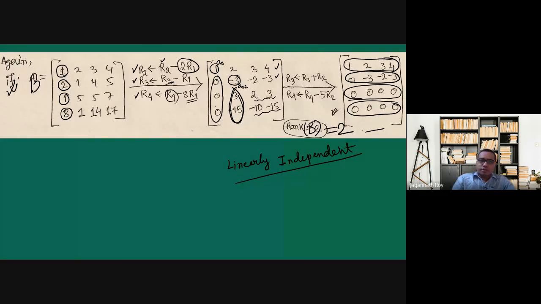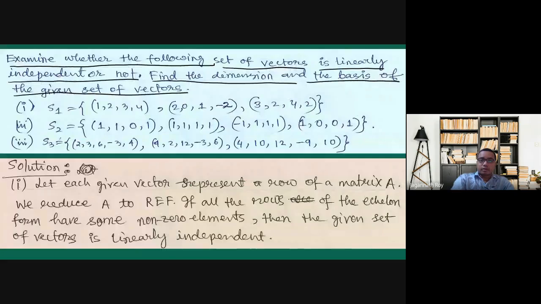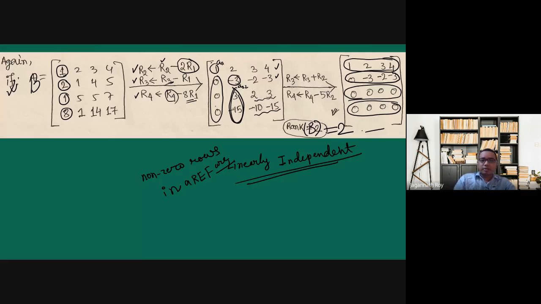These non-zero rows in a row echelon form are linearly independent. You can also verify by definition.